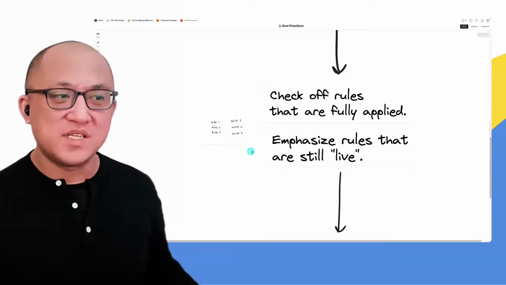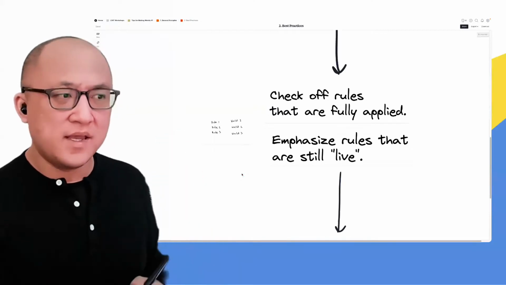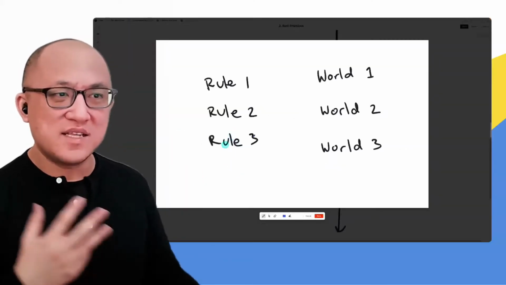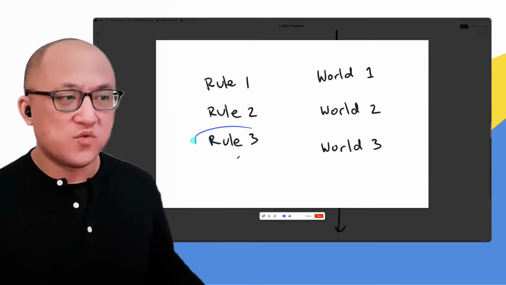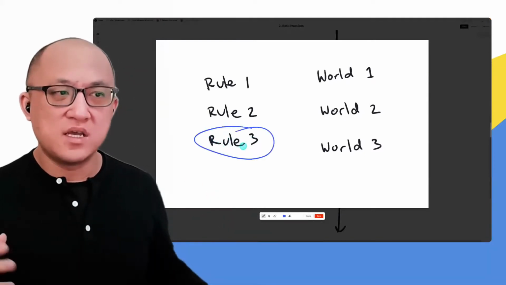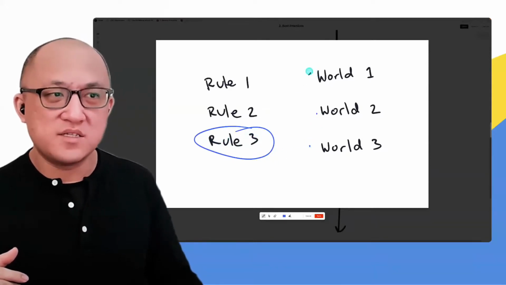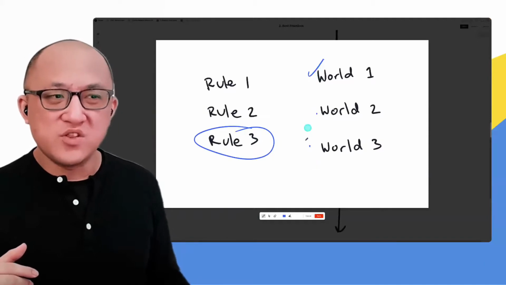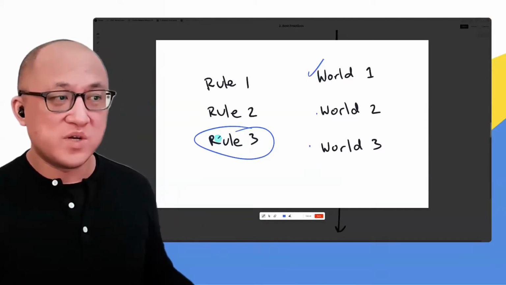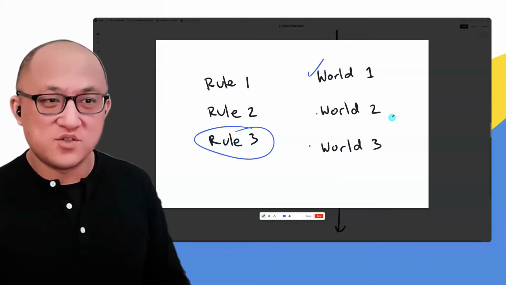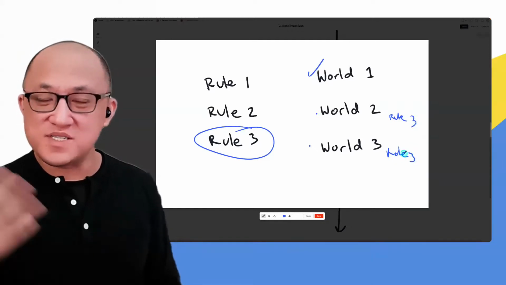And then this other tip here is about emphasizing rules that are still live. What I mean by that is, let's say after you've thought about all the rules and how they apply to the worlds, rule 3, you're just not sure how it applies in worlds 2 and 3. So rule 3, you already applied it to world 1. But in 2 and 3, it's still uncertain how it's going to apply. What I would do is I might even write rule 3 directly next to those diagrams to just keep it top of mind.